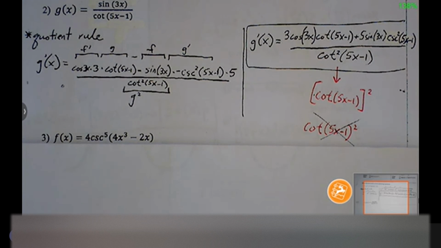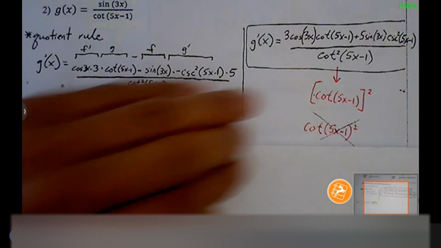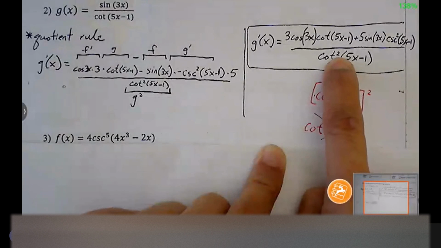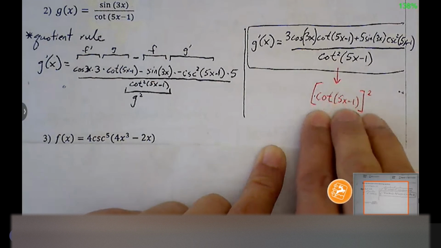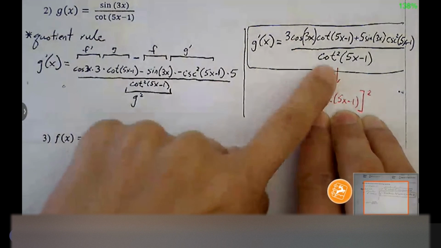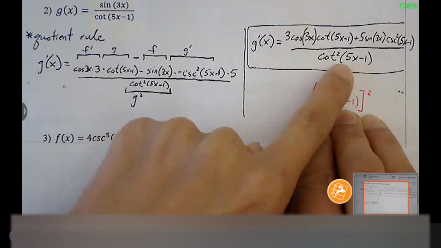Okay, any questions with 2? I do want to make a note about notation here. This is very subtle, but I think it's important to point out. This is the shorthand way of representing that cotangent is being squared, right? But you can also write it in this form with brackets, which is what I would prefer when we're getting ready to find the derivative with chain rule. But this is the way that most students will want to write it because you don't have to use as many brackets.